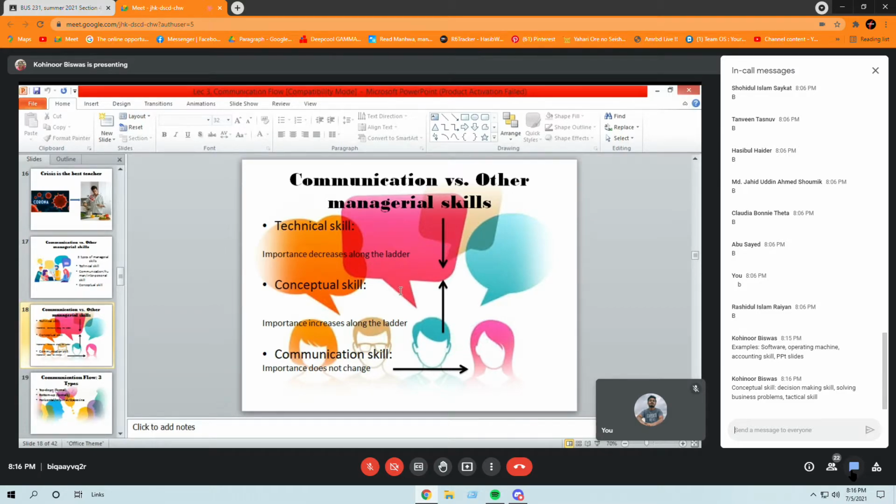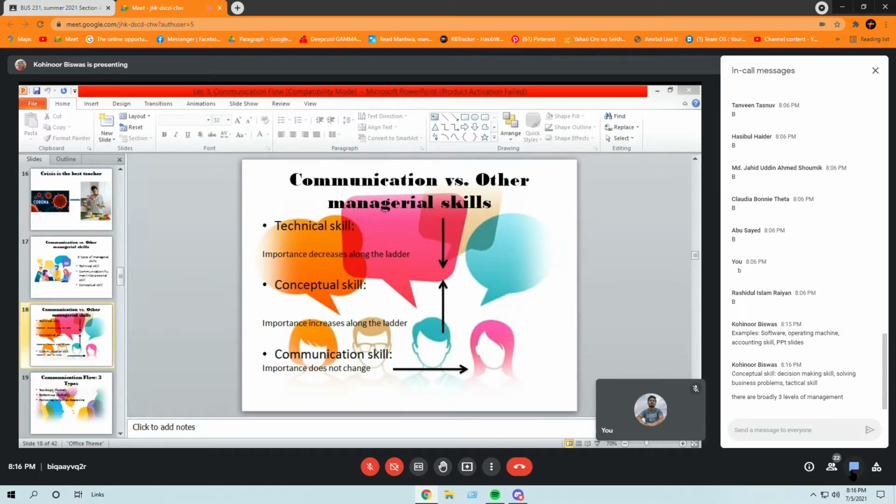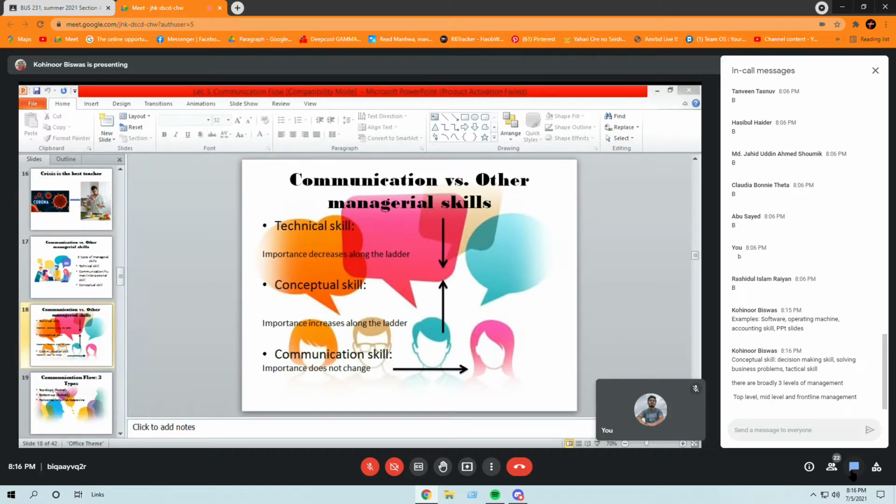Now, you know that there are broadly three levels of management: top level, then mid level, and then front line management. You know, three levels of management.